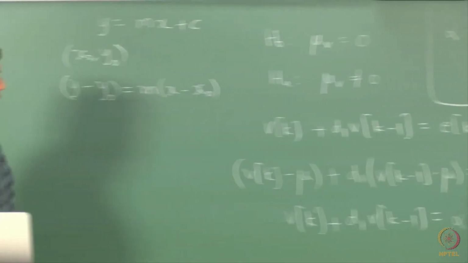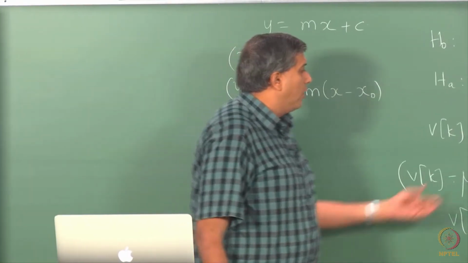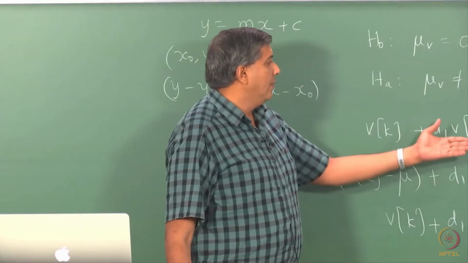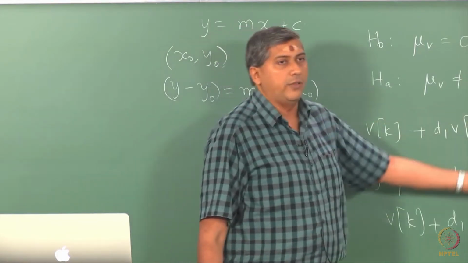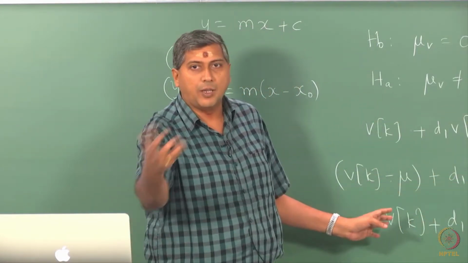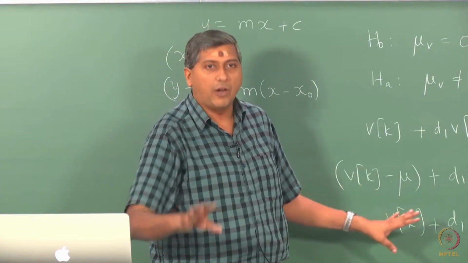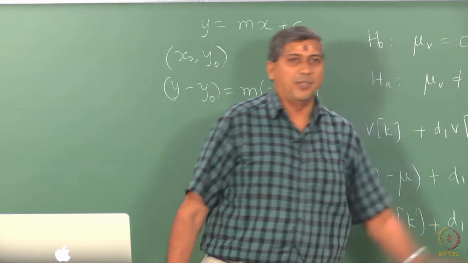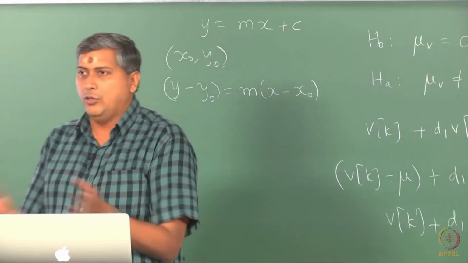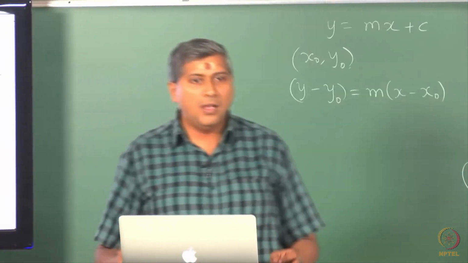Okay. So, it does not matter, essentially what this tells us is if you have a process with non-zero mean, either you think of this model, that means you subtract the mean and then fit a model, or you fit a model with an intercept term, your usual model with an intercept term.